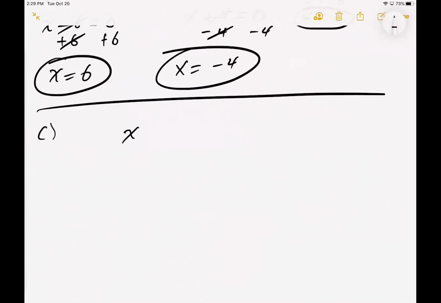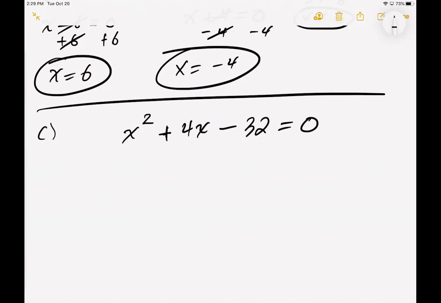Let's say we have x squared plus 4x minus 32 equal to 0.